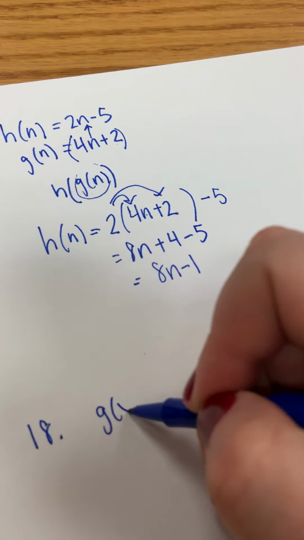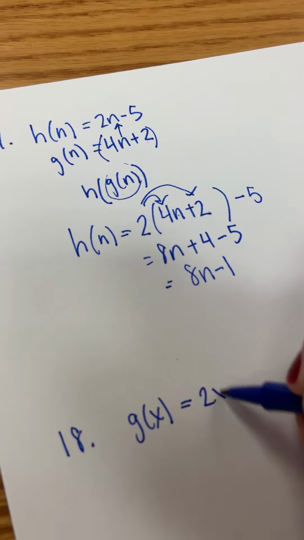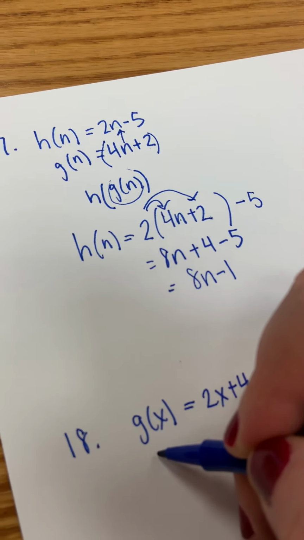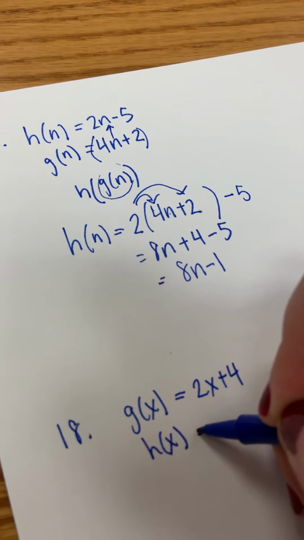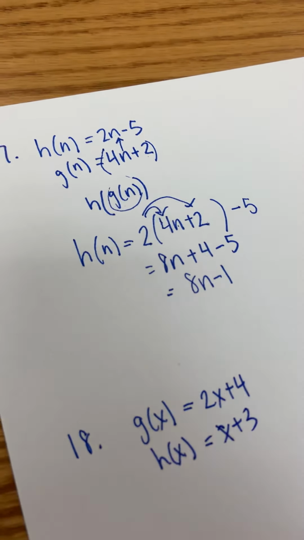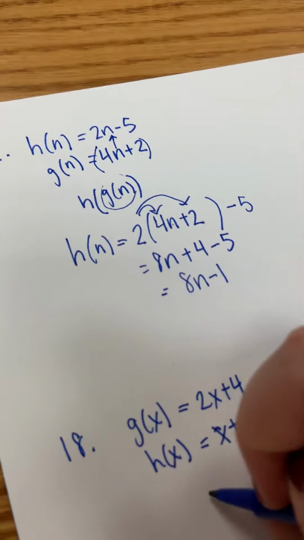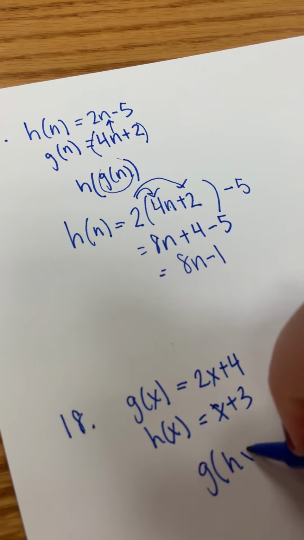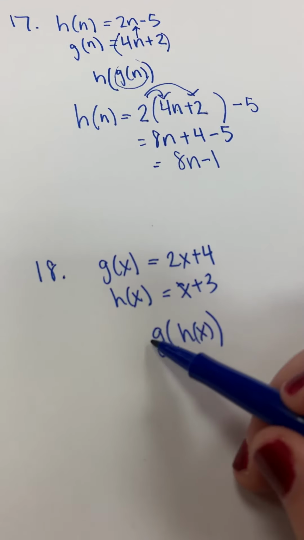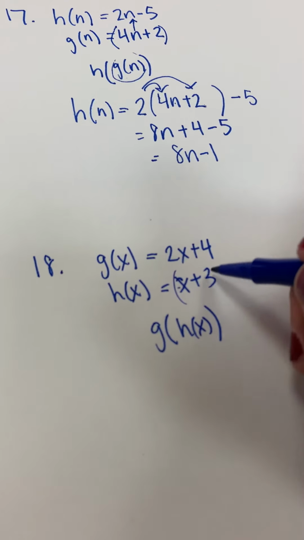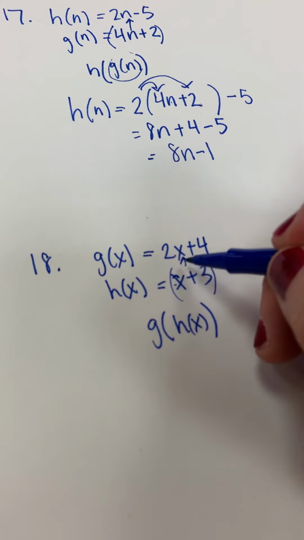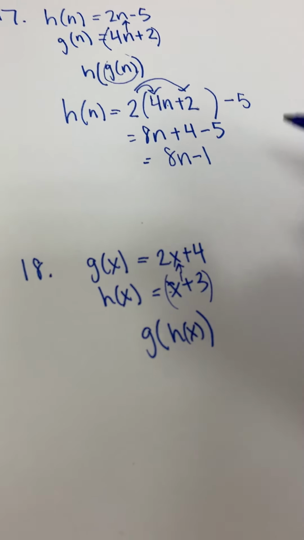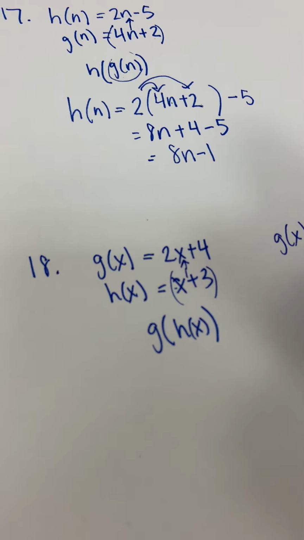Let's do 18. There's g of x, 2x plus 4, and then we have h of x, which is x plus 3. They want us to make a composition function where we plug h of x into g of x. If h of x is x plus 3, you're going to substitute that whole thing into g of x.